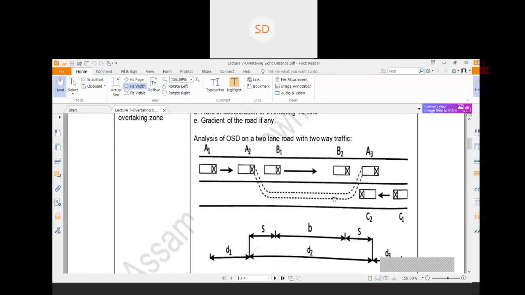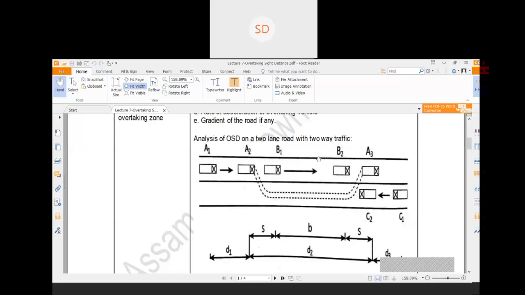Within that overtaking time, the vehicle A will move from position A2 to A3, and during the same time the vehicle B will move from position B1 to B2. So these are the things which happen simultaneously within capital T second.